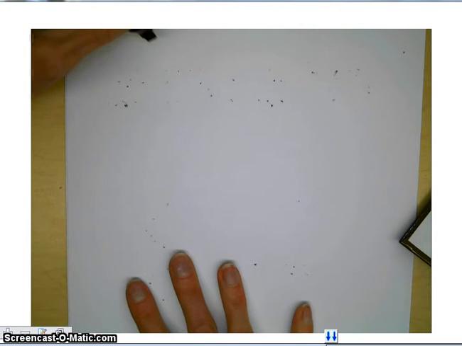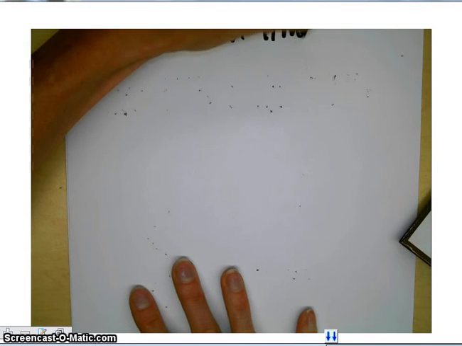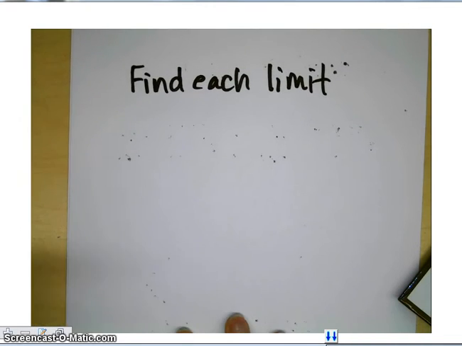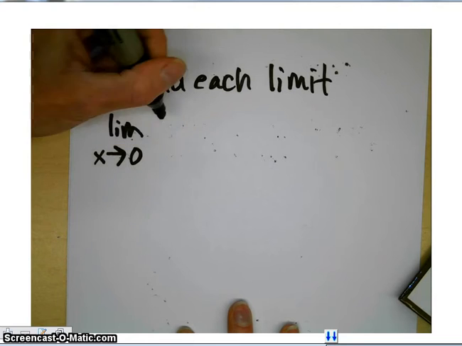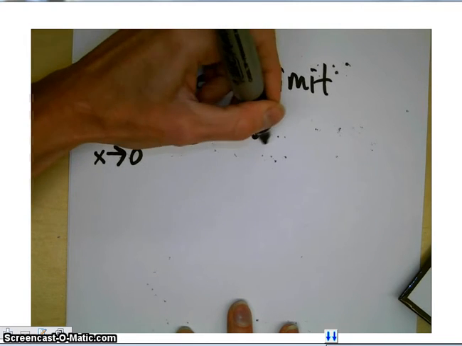All right, so let's take a look at examples. Find each limit. Let's say I want to find the limit as x goes to 0 of 5 times 1 minus the cosine of x over x.